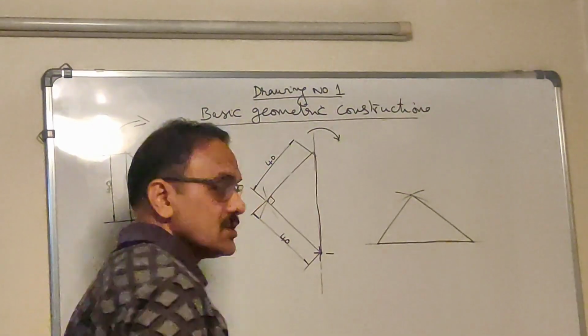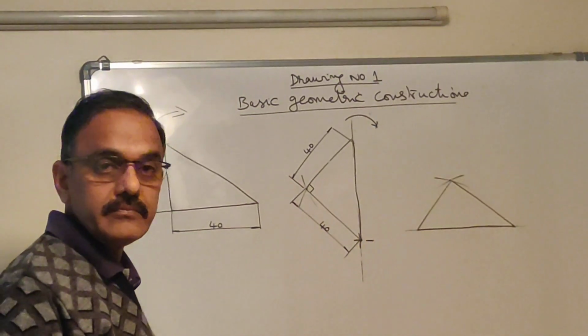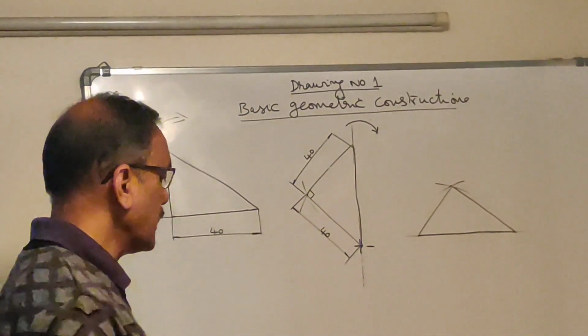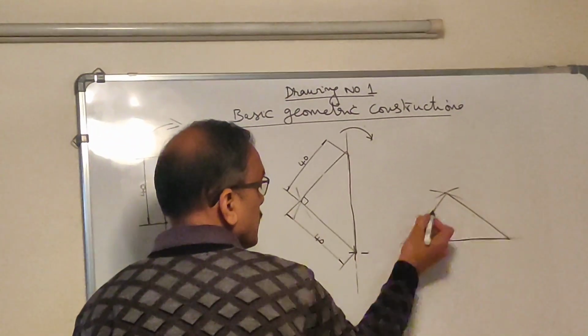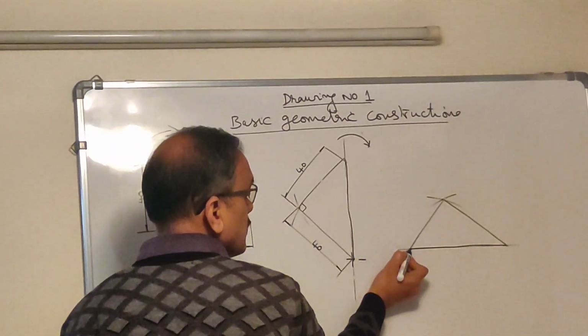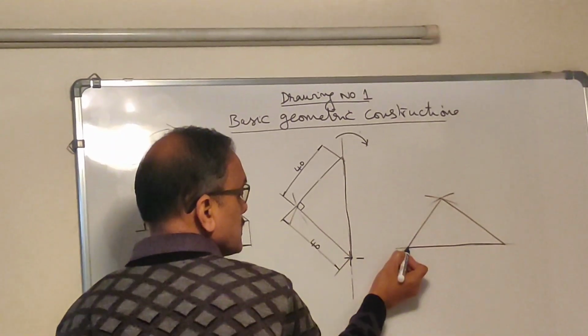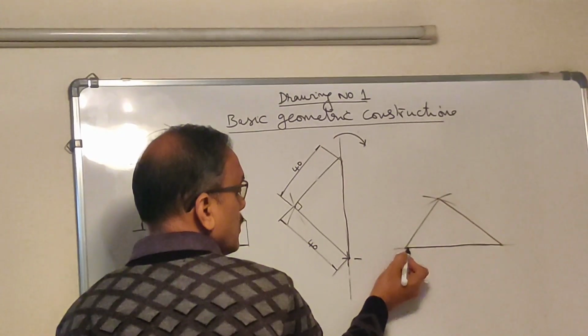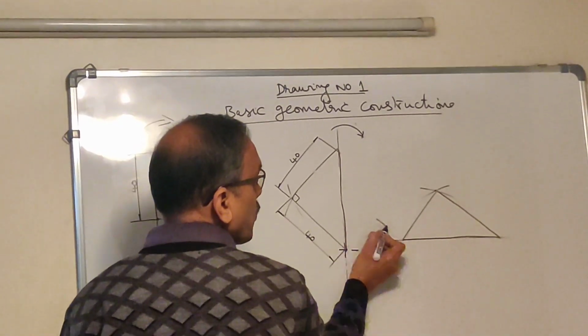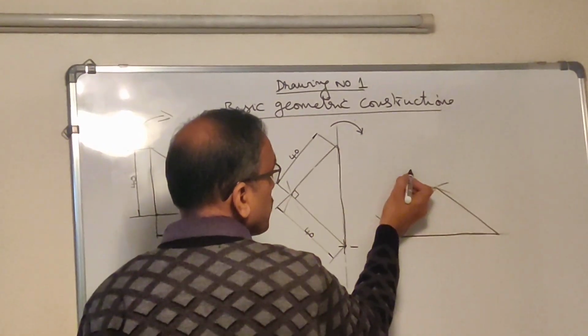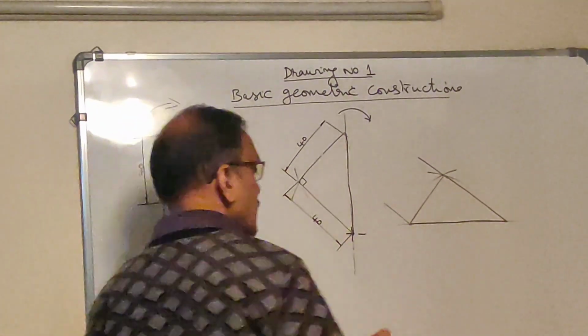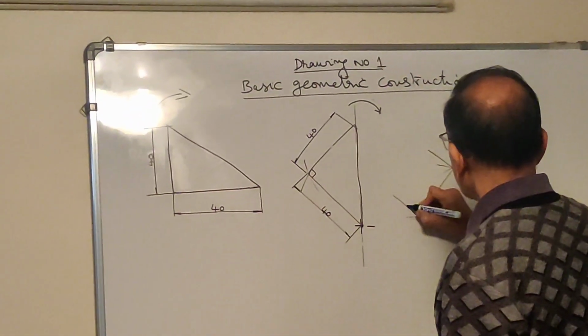Make sure all the three edges are shown dark. Then complete the dimensioning part. If you want to dimension this, align your protractor, and using the protractor, you can draw these extension lines and then dimension it.